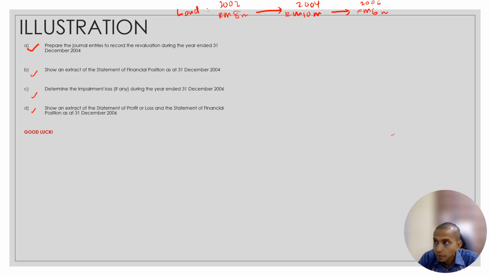They prepare the journal entry as at 31st December 2004, and the question asks you to show the extract of the financial statements for 2004 and 2006.